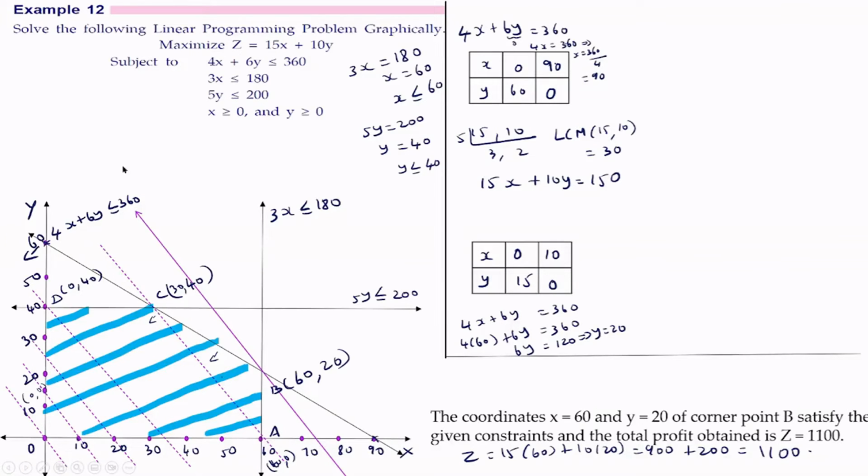Now we can use this isocost or isoprofit method only when the slope of the isocost or isoprofit lines is negative. Slope is negative means the line should be of this type. If the line is of this type, then the slope is positive. So here we can see that the slope is negative.